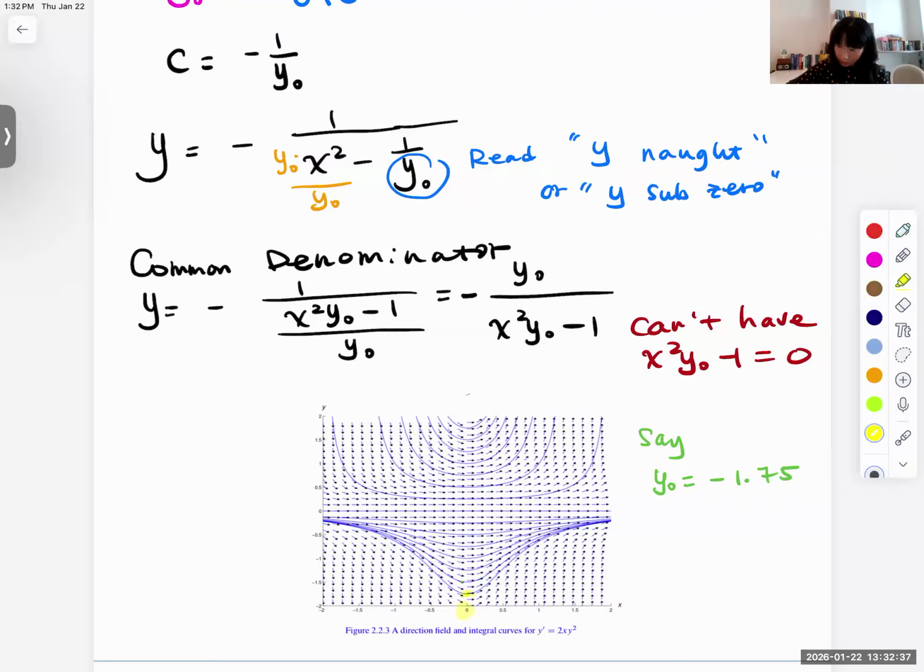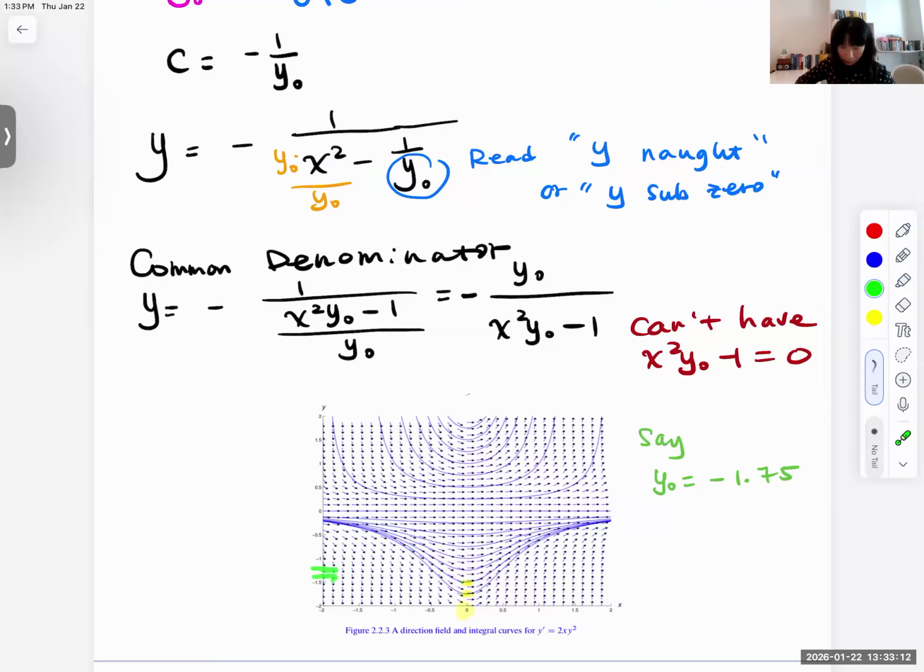Then what's the next one? This is a negative 1.5. Little bit over or, yeah, negative 1.25. Oh no, this is 5. So this is negative 1.25.